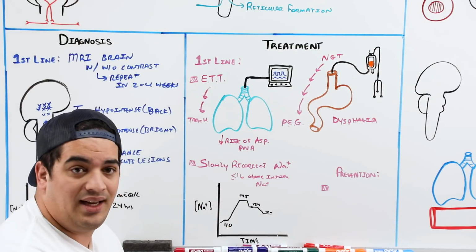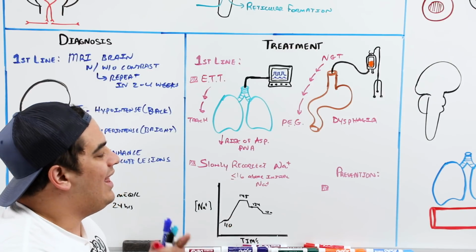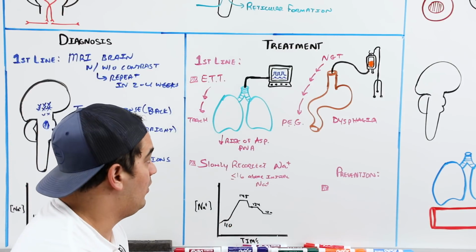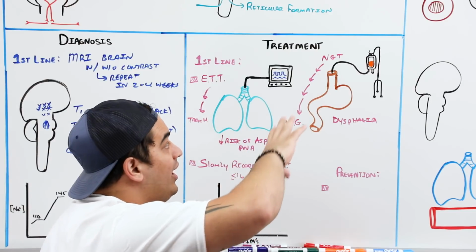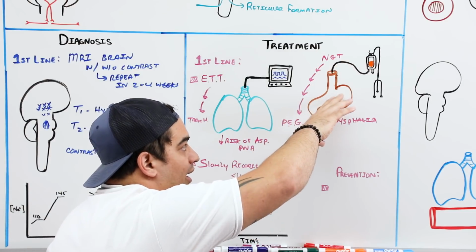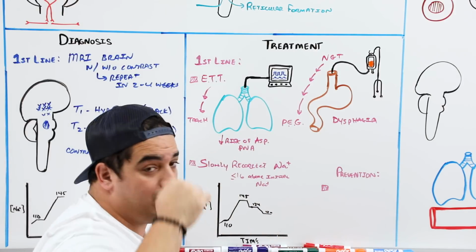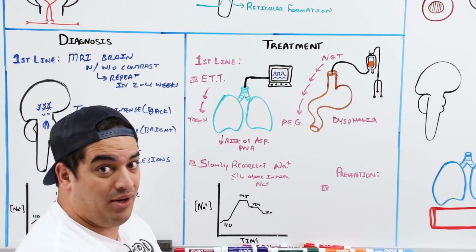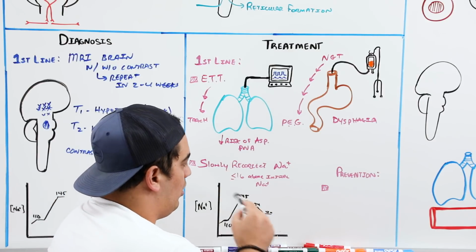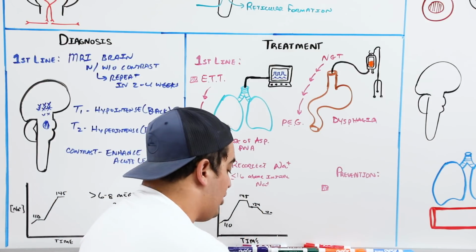That's less than 16 above the initial sodium. That is the other thing that we're going to do, okay? So support their airway with an endotracheal tube, potentially extend to a trach, NG tube for nutrition, and then eventually you may have to extend that to a PEG. Hopefully over a 6 to 8 week period, you can remove those and they'll be able to do this on their own. We slowly recorrect the sodium, and then prevention.